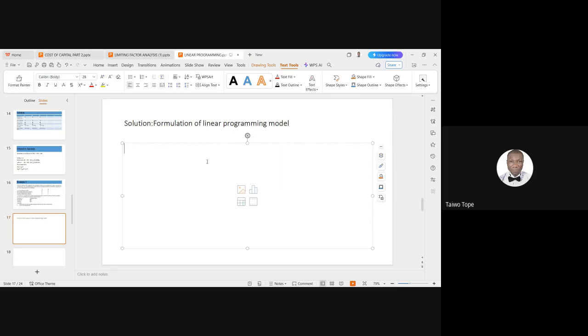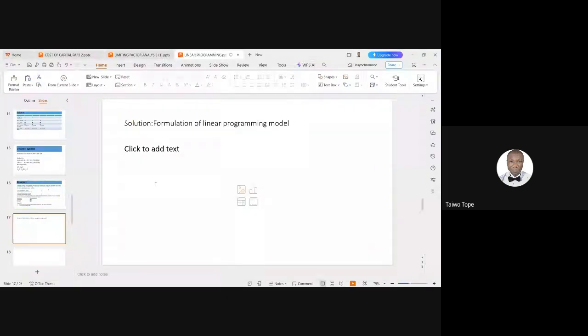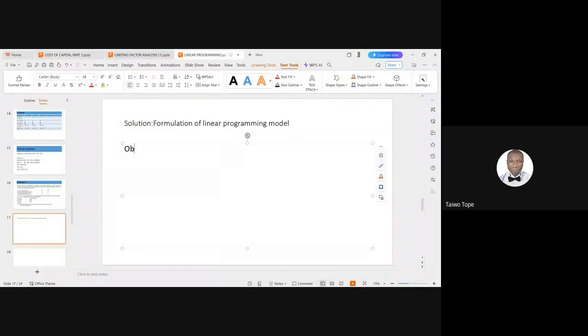So the first thing is our objective function, because our contribution has already been determined based on the question, which is this: for A is 6, for B is 5. So the objective function will be what?